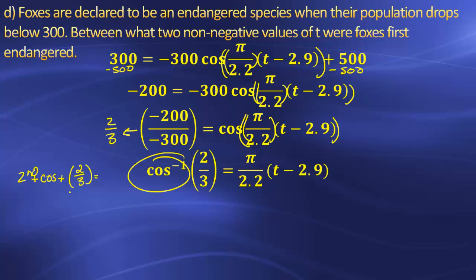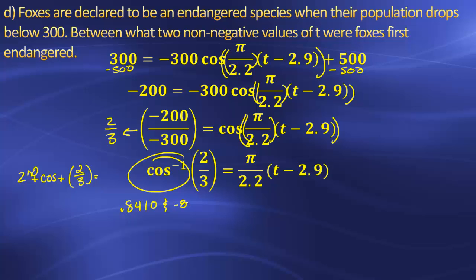And you're going to end up with, let me see, on mine, something like 0.8410. Now, this happens at two places, so that means that we need a positive and a negative.